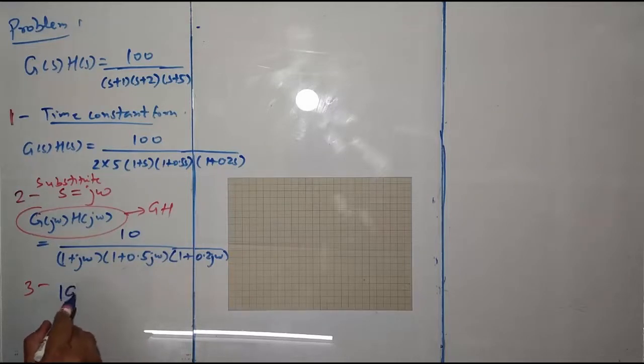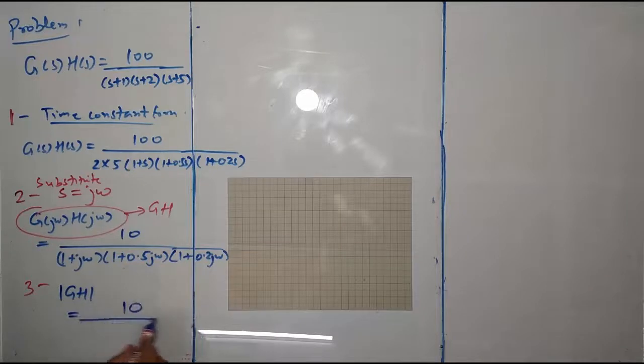The magnitude of GH can be written as 10 over the square root of (1+omega^2), (1+0.5 omega^2) and (1+0.2 omega^2).